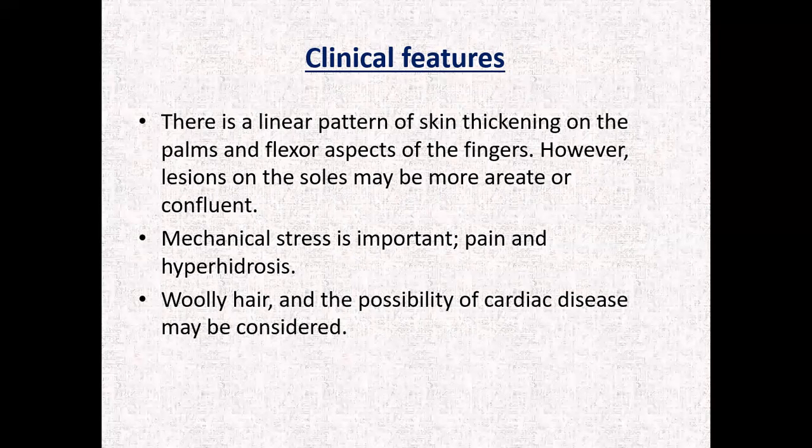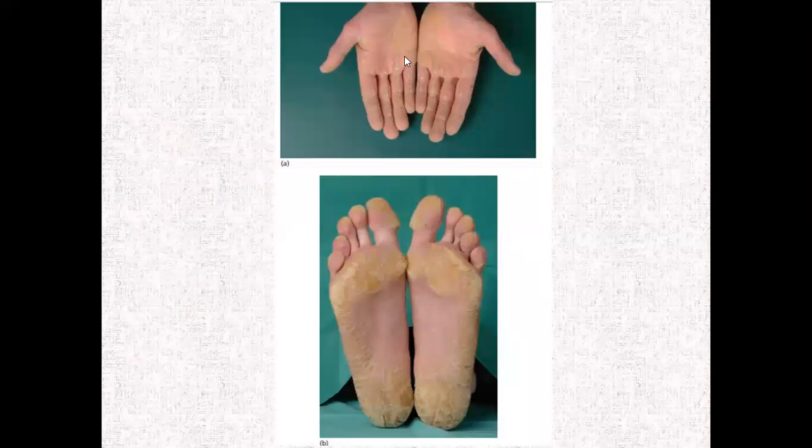Mechanical stress is important and pain and hyperhidrosis occur. Woolly hairs and possibility of cardiac disease should be considered. So you can see here that the lesions on the palms are mainly striate, that is linear lesions, but lesions on the foot are mainly of areate or punctate type.